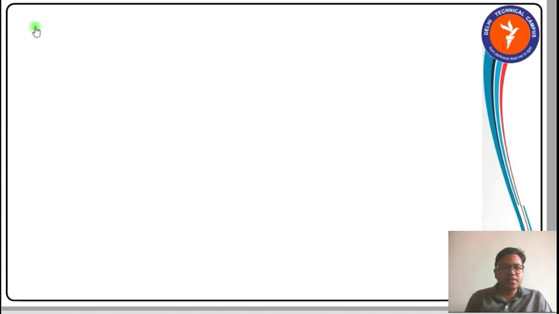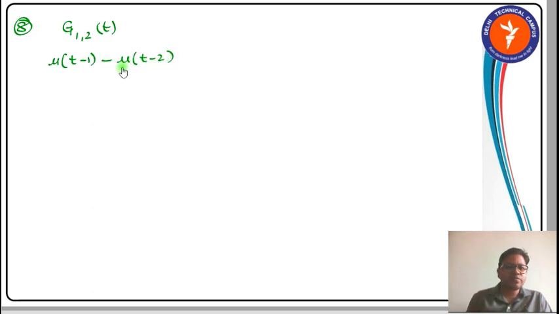In the next numerical, say we are required to find out the Laplace transform of g12(t), which is a gate signal. This gate signal can also be represented as u of t minus 1 minus u of t minus 2.